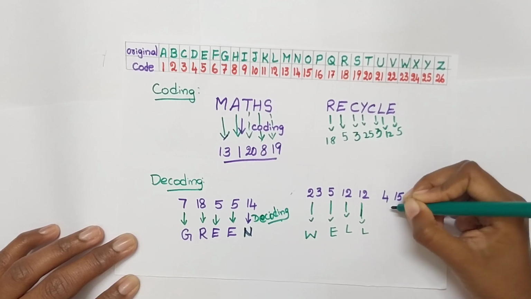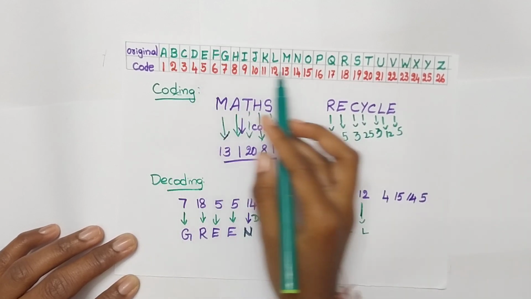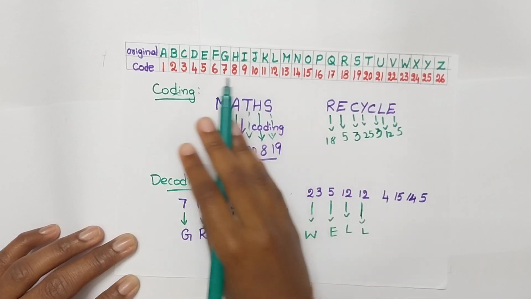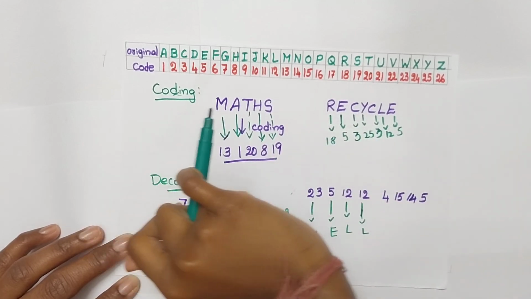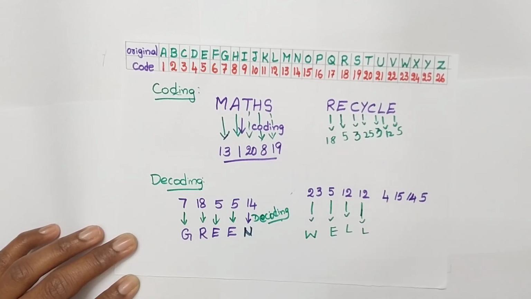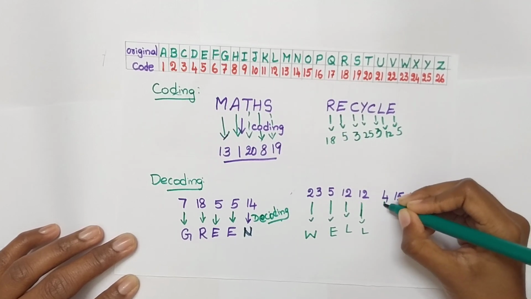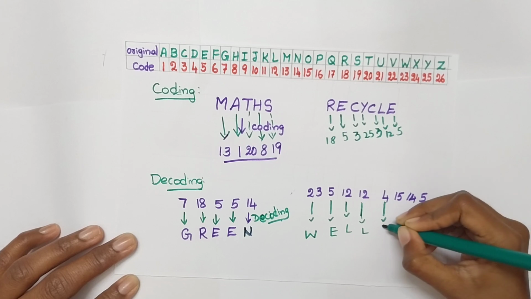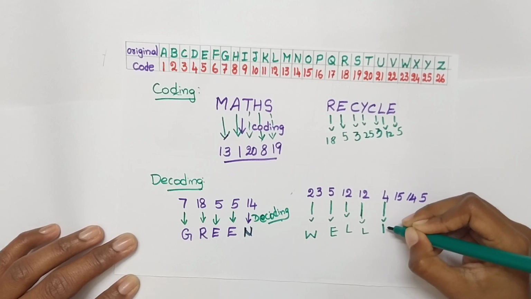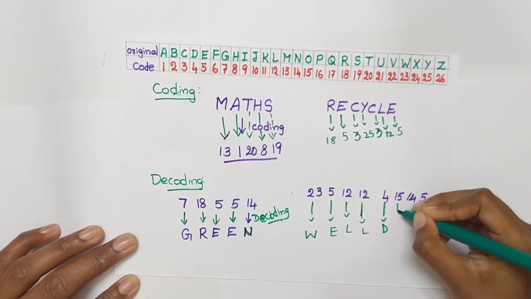So where is the 4 in the second line? Here is 4 in the second line. So we have to decode 4 and write D.